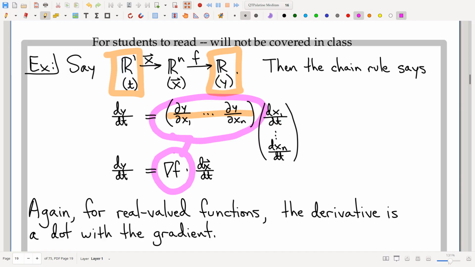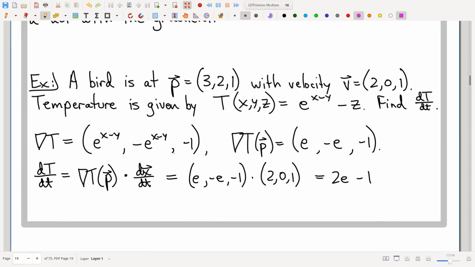So again, we've talked about that a couple, 3 times in the past, and so this is just yet another instance of, don't forget, if you're talking about a real valued function, a derivative matrix is morally a gradient vector. All right, and so again, example, and again, this example could have come straight out of section 2.3.